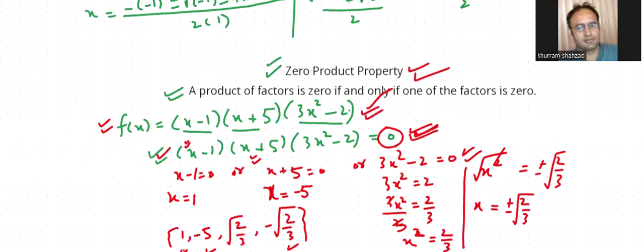So if the function is in the factored form, then we can use the zero product property. Otherwise, we cannot use this. So what are the other ways to calculate the zeros or roots of equations of higher degree, like degree 4 or degree 3? I will discuss this topic in the next few videos. Thank you.